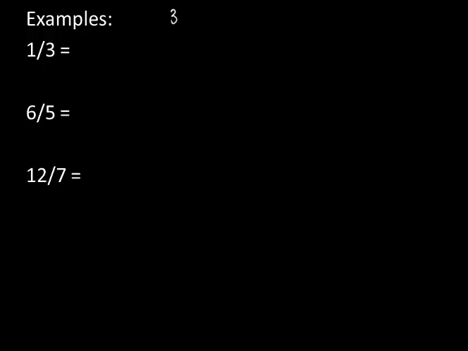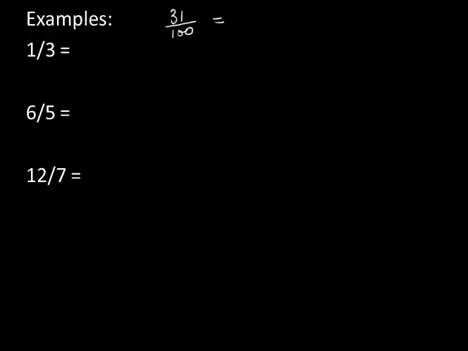For example, 31 over 100. Well, when you divide by a power of 10, here by 10 squared, you're going to move the decimal point to the left in the numerator. Move the decimal point 2 places to the left.